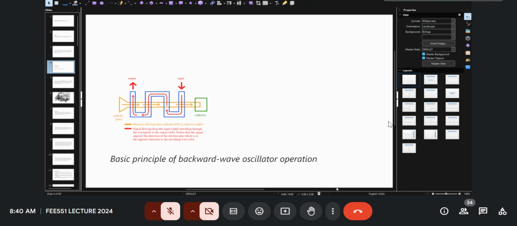Is there any question concerning the backward wave oscillator or the TWT, the traveling wave tube? We can address. Okay, since I've seen no one unmute, thank you for listening.